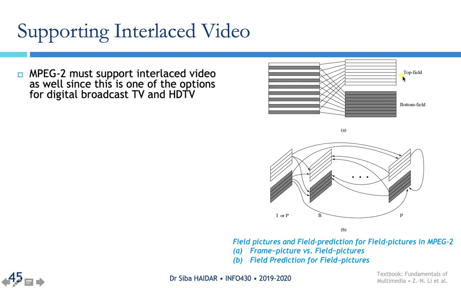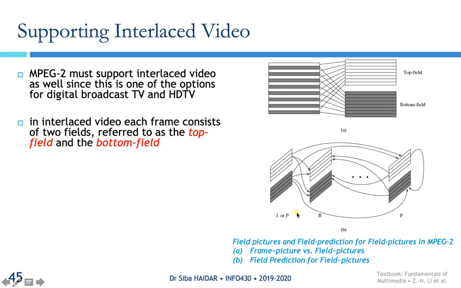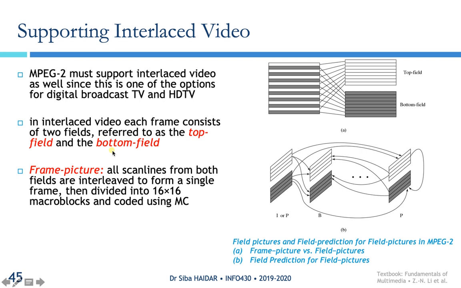So you remember the top field and the bottom field, which are crossed in the frame. You can separate them or you can join them. In interlaced video, each frame consists of 2 fields, referred to as the top field and the bottom field.